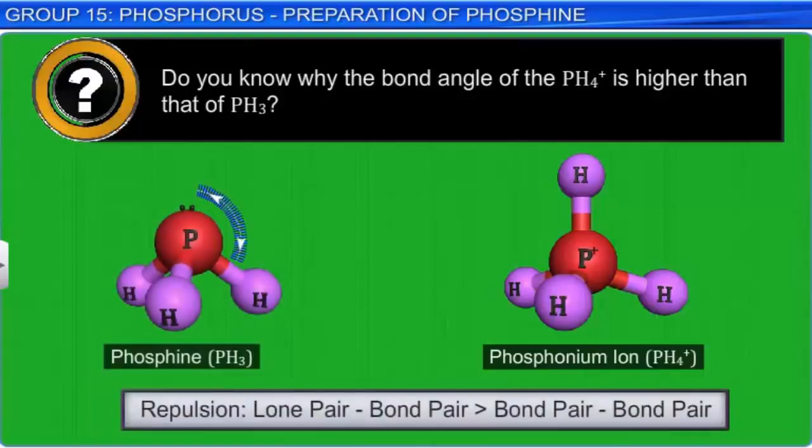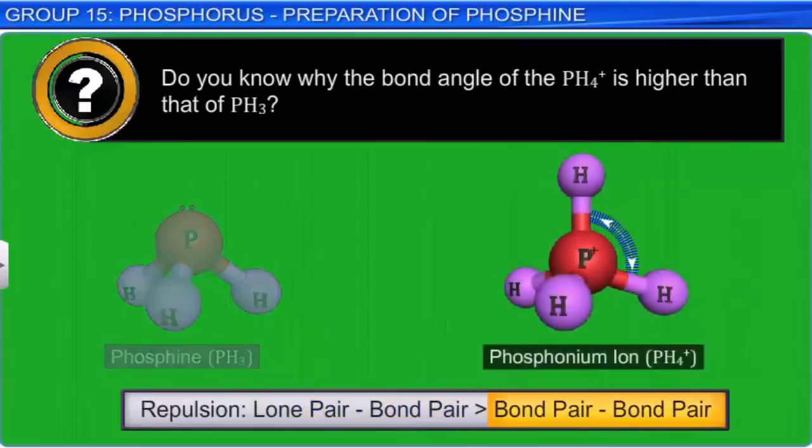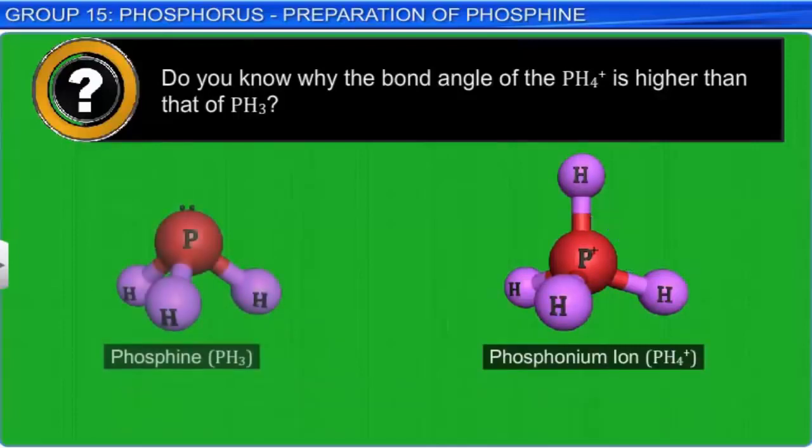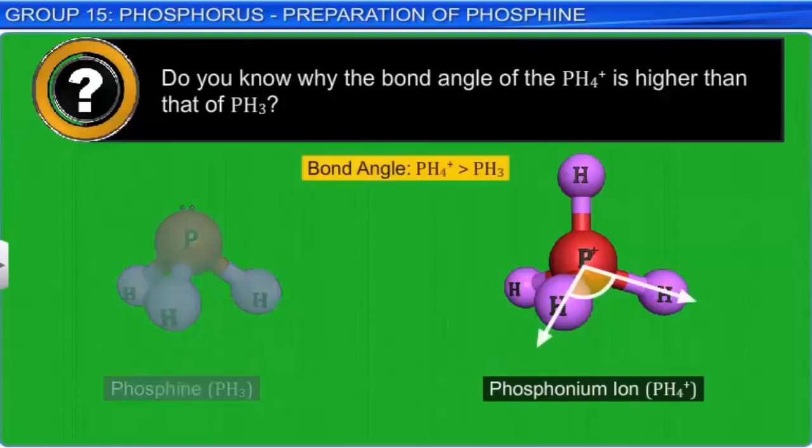You know that the magnitude of repulsion between a lone pair and a bond pair is greater than between 2 bond pairs. Hence, the extent of repulsive interaction in phosphonium is less than in phosphine. As a result, the bond angle in phosphonium ion is greater than in phosphine.